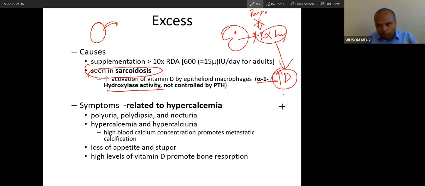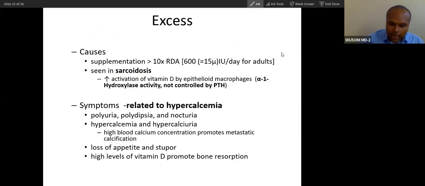So more vitamin D, more calcium. This will lead to vitamin D toxicity. Sarcoidosis is associated with vitamin D toxicity because of the presence of alpha-1 hydroxylase that is not regulated by parathormone. Did you understand now? A very important cause of vitamin D toxicity is sarcoidosis.